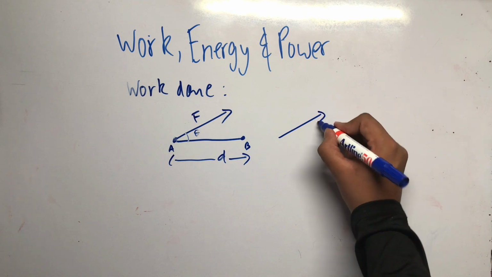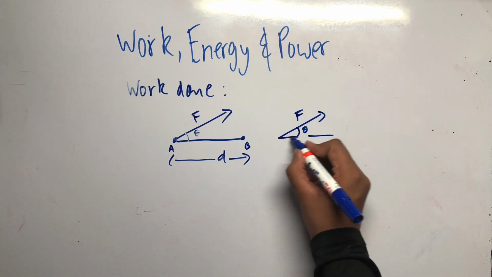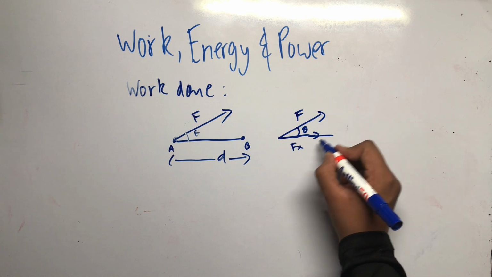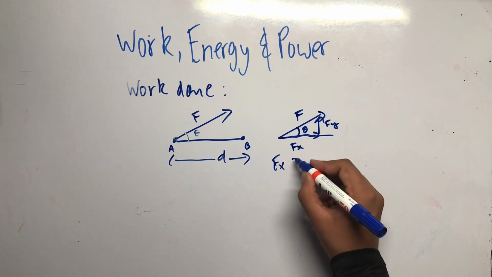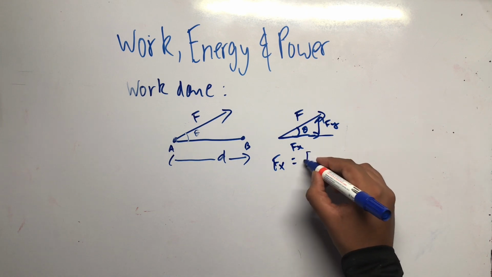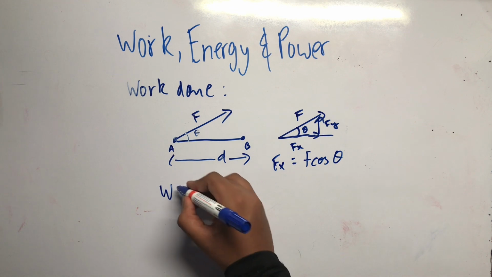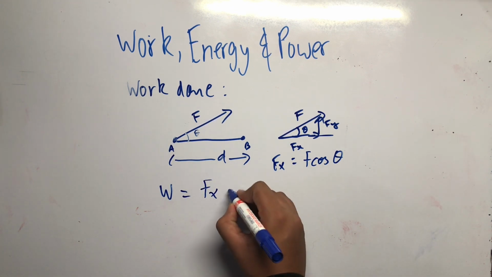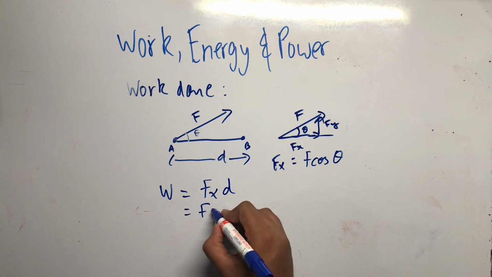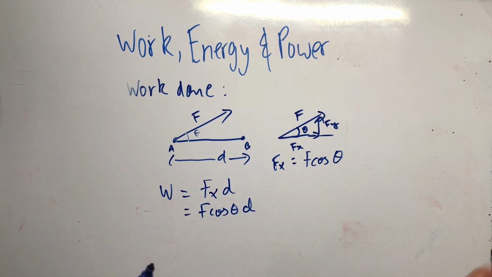If we resolve this vector, this is the horizontal, this is fx and this is your fy. Then fx is equal to f cos theta. Hence the work done is equal to fx times d, which is equal to f cos theta times d.